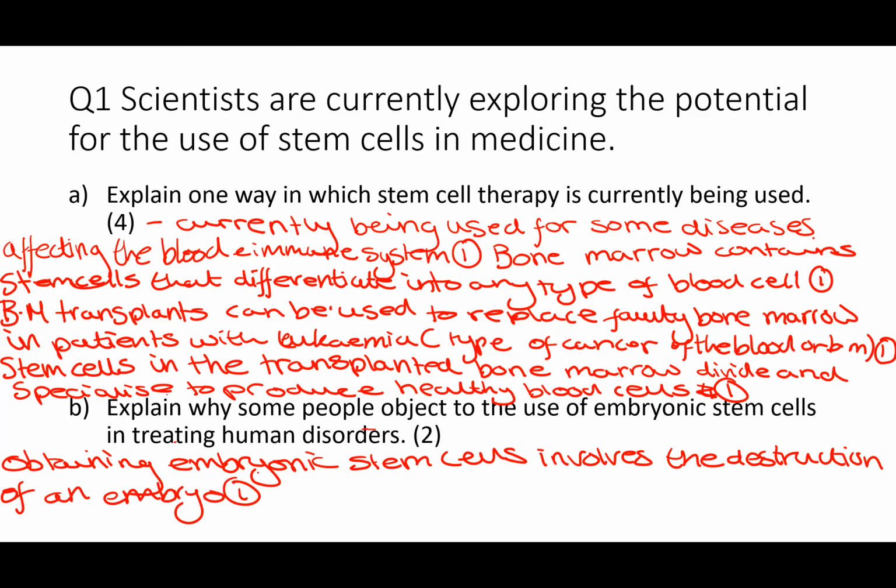First mark. Second mark, why? Why do some people object to this? So we said it involves the destruction of an embryo. Some people believe that embryos have a right to life.